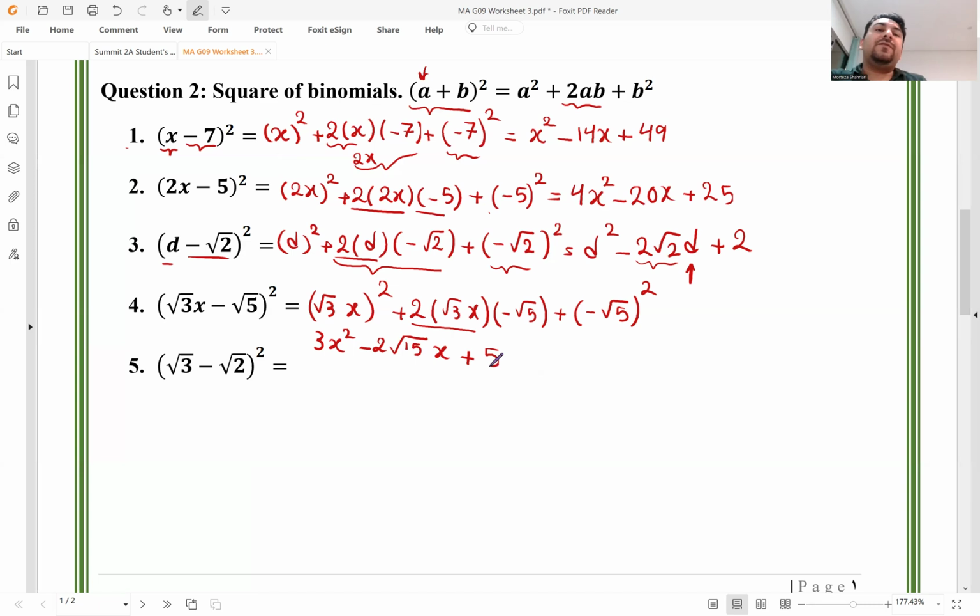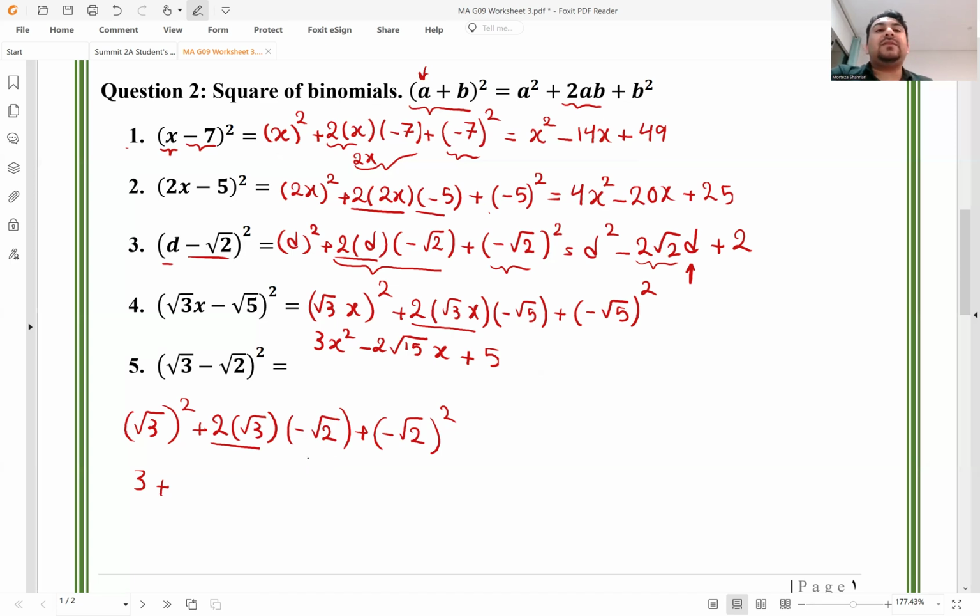Okay, question 5. Radical 3 minus radical 2 powered by 2. Again, the first term is radical 3 powered by 2 plus 2 times the first term, which is radical 3, times the second term, which is negative radical 2, and plus the second term, negative radical 2, powered by 2. Radical 3 powered by 2 is 3, plus 2 times radical 3 is 2 radical 3.